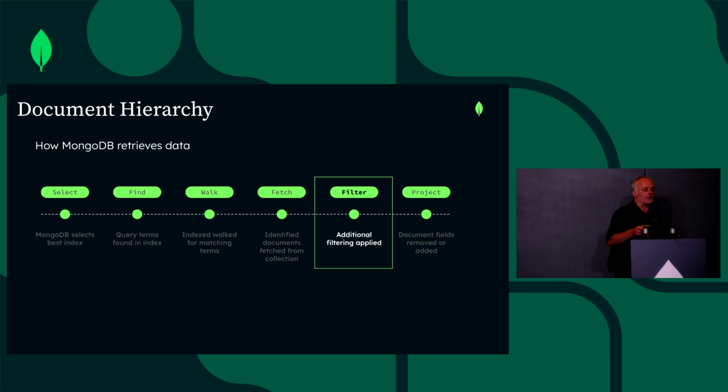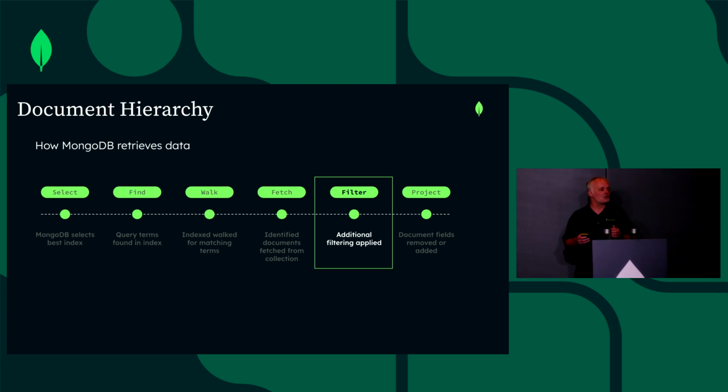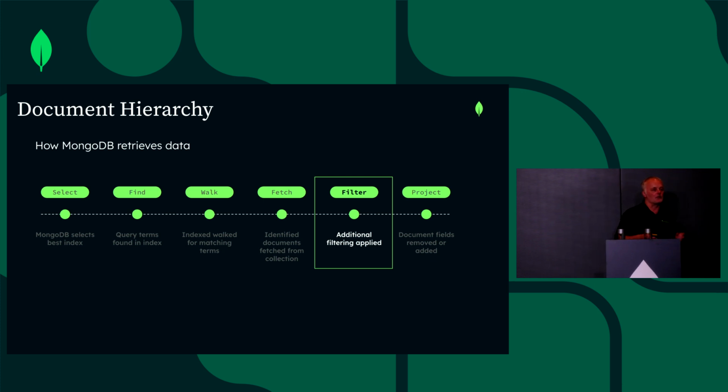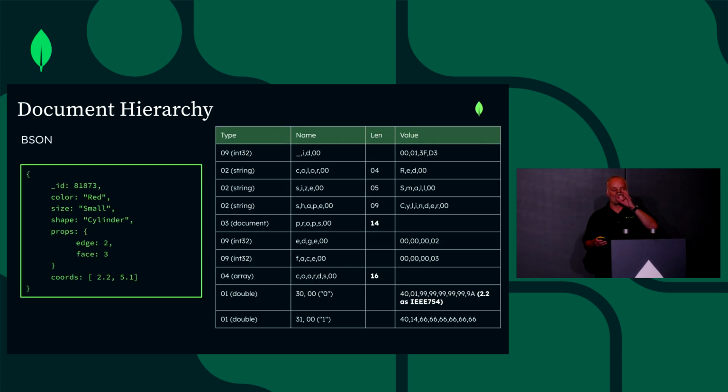So the hierarchy affects this filter point. So it's where you've potentially narrowed down the set of documents using an index, but you still need to examine one or more additional keys. And so why does that take longer?